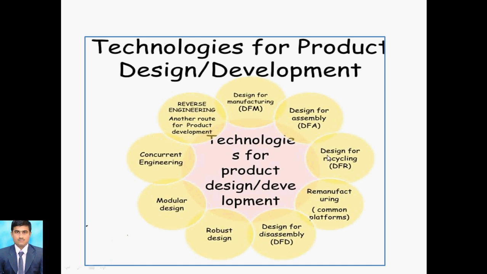The next is design for recycling. Waste material we can recycle in different ways and form a new product, that is called design for recycling. As you know design for environment, like that we can formulate design for recycling. Then next, remanufacturing.